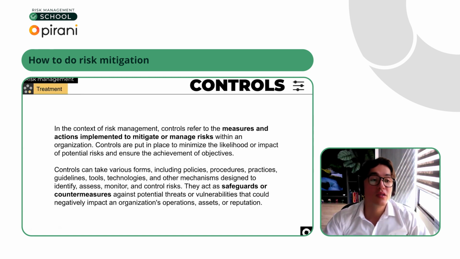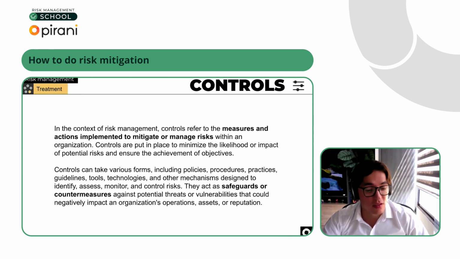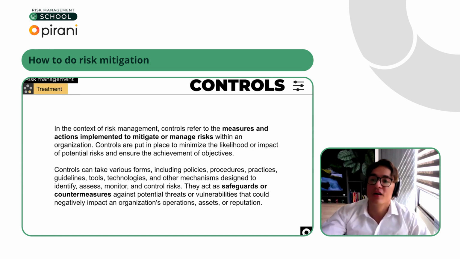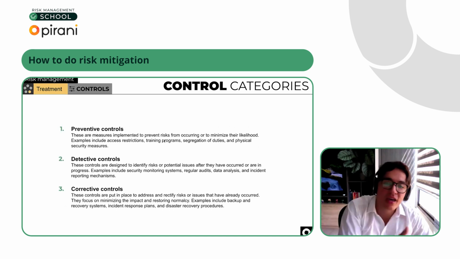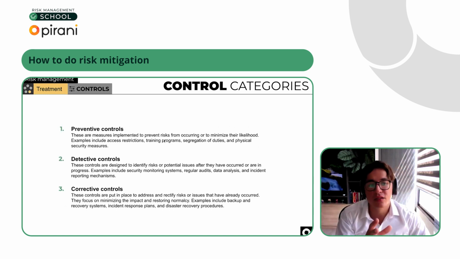So basically, when you identify a risk in your company, you may need to define controls that help you mitigate that specific risk. The controls usually have three categories. The first is preventive controls: measures implemented to prevent risks from happening, to minimize the likelihood.